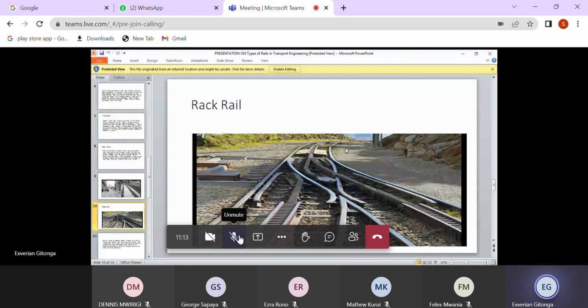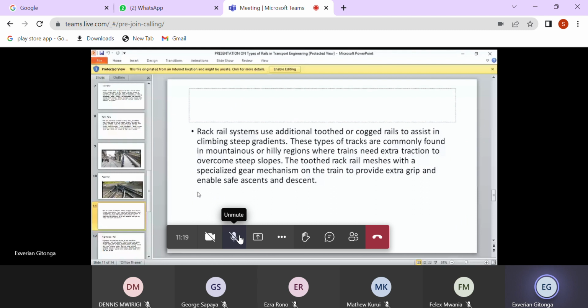So rack rail systems use additional tools or cogged rails to assist in climbing steep gradients. So these types of tracks are commonly found in mountainous or hilly regions where trains need extra traction to overcome steep slopes. So you cannot find them anywhere else, but only in mountainous or hilly regions.